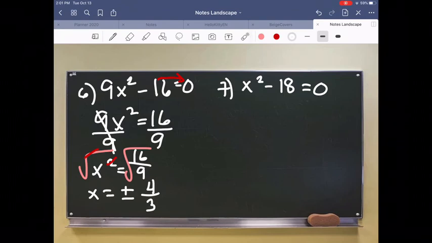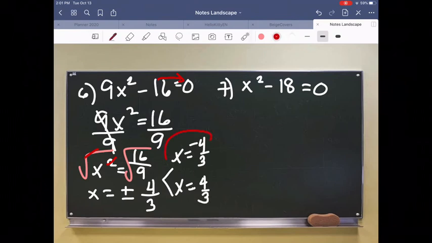That is 3. So we have x equals negative 4/3 and x equals positive 4/3. Okay, so yun yung sagot. Okay, so yun ay nangyayari kapag we cannot divide and we notice na pareho yung numerator and denominator are perfect square.